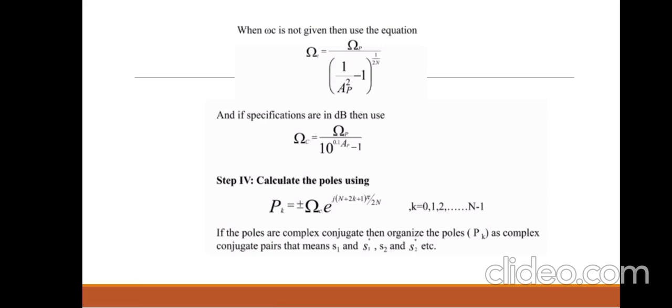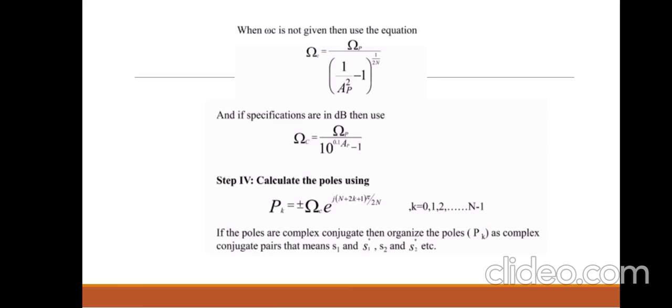Now for calculating Ωc, we will use Ωp upon (1 by Ap squared minus 1) whole to the power 1 upon 2N, and if the specifications are in dB, we will use Ωc is equal to Ωp upon (10 to the power 0.1 Ap in dB minus 1) whole to the power 1 upon 2N.